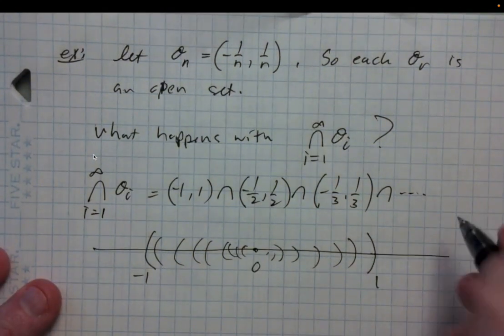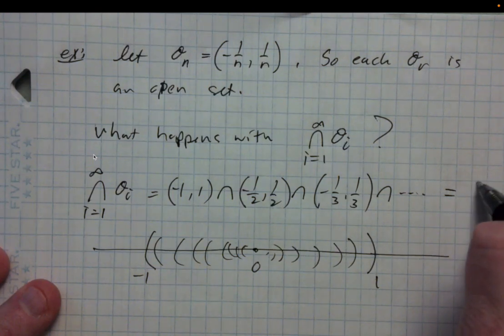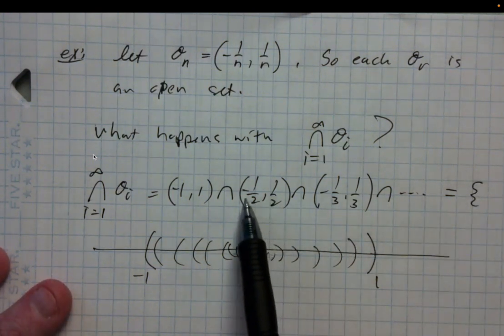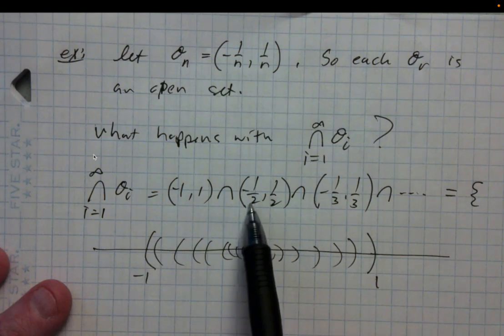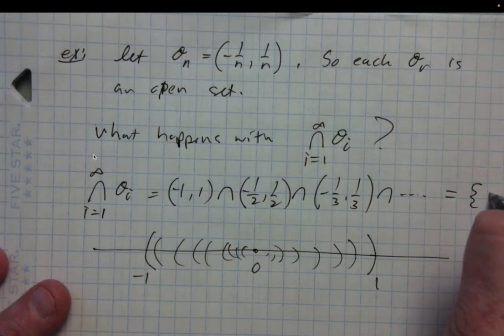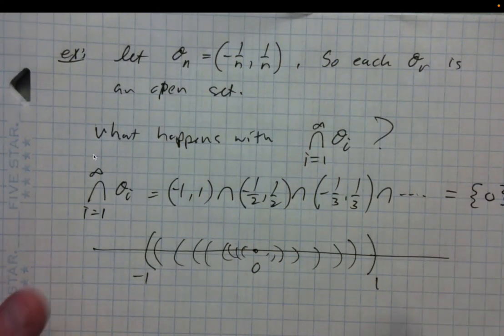And so ultimately, what is this intersection equal to? Well, you could think about it like this: when the denominator goes to infinity, what does this number go to? 1 divided by something insanely large is very close to 0. So conceptually, the intersection is just the number 0.